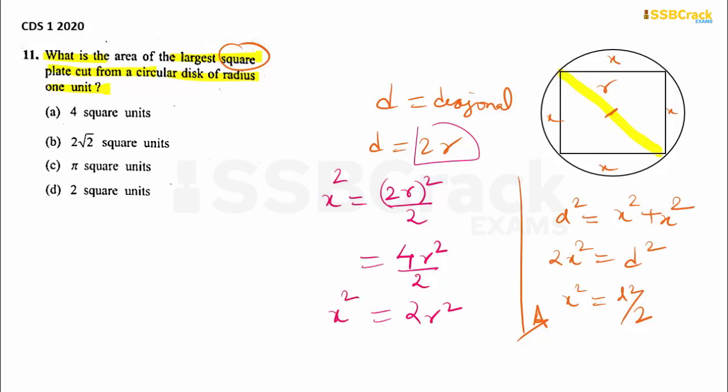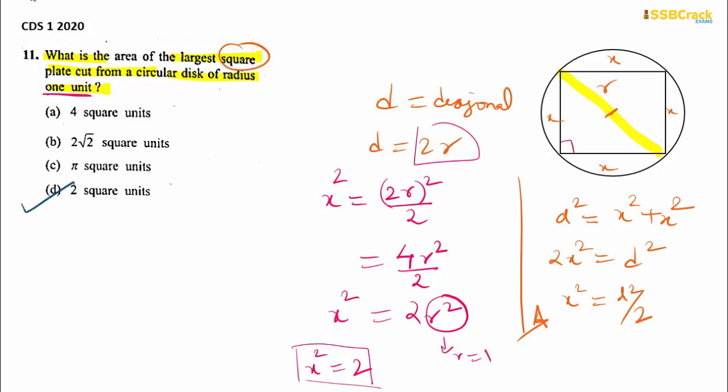But it was given that the circular disc has a unit radius, r equals 1, right? So hence x square is equal to, what did you get as the answer? 2, that's it. And what was x square? X square is the square of the side of the square, and that is the area of the square. Hence indirectly you would have got the answer for the area of the square, which is equal to 2 square unit. So option D was the answer to this question.